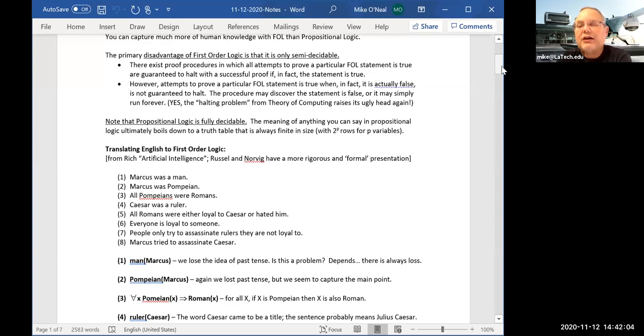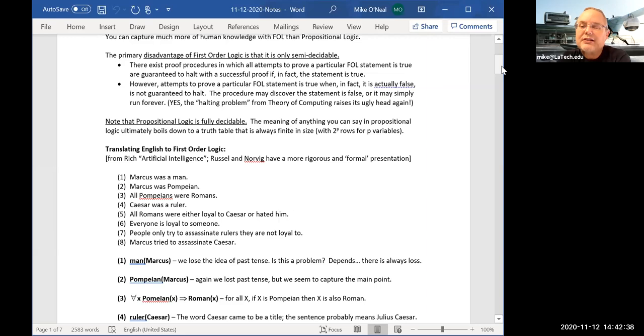If I've got a statement and I don't know whether it's true or whether it's false, and I want to be able to get an answer, and I want to make sure that I don't get stuck in an infinite loop, all you need to do is try to prove that it's true in one instance of the system and prove that it's false in another instance of the same system. And if you run those in parallel, one of them is guaranteed to eventually halt. And then you just terminate the other process that may or may not be in an infinite loop.